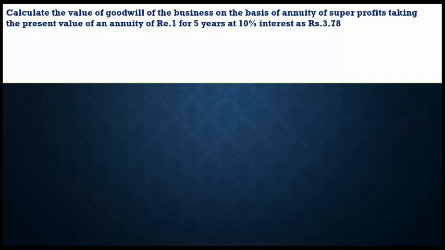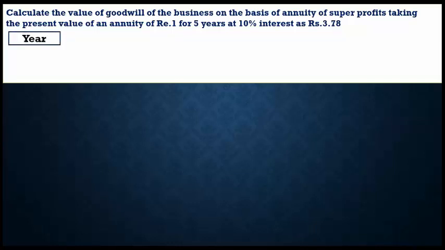The annuity factor or annuity value for 5 years: rupee 1 at the beginning of this year would become rupees 3.78 after 5 years. Okay, this is the annuity factor.